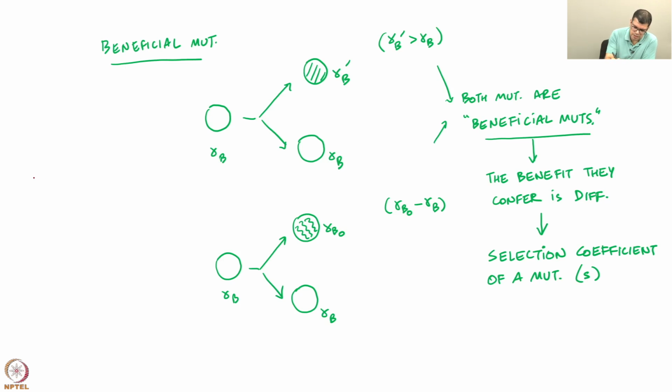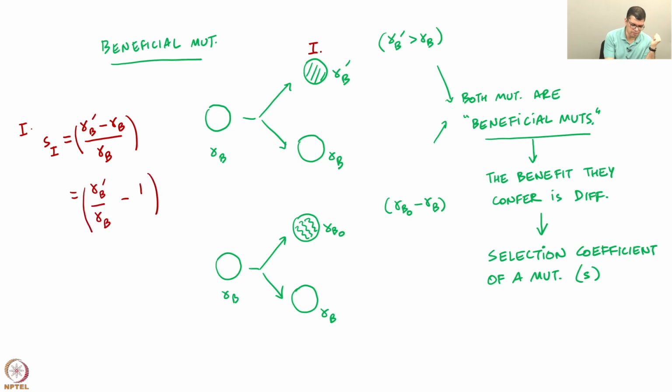So, let us call this mutation number 1. For mutation number 1, the selection coefficient is simply defined as RB dash minus RB, divided by RB, which can also be written as RB dash divided by RB minus 1.